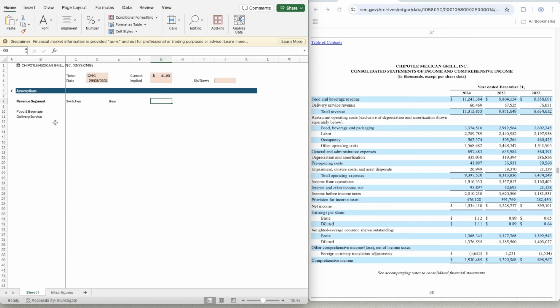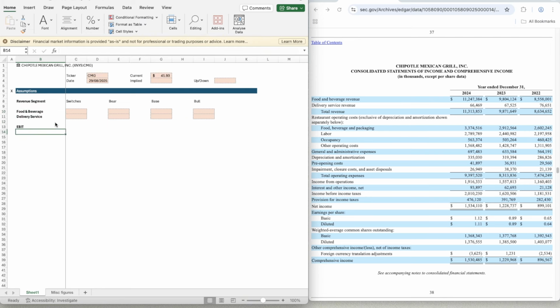Then we go switches, we go bear, and we can make this bold as well.